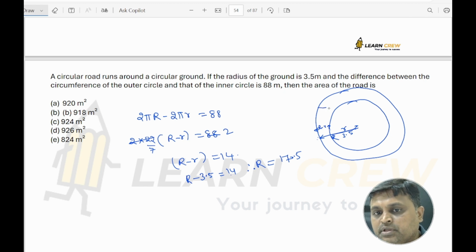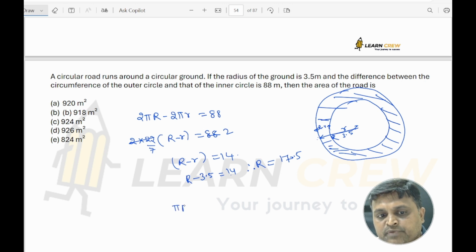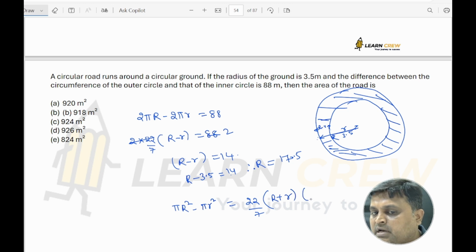Area of the road. This is the road. This road area is required. So total outer circle area minus inner circle area will give you road area. So pi capital R square minus pi small r square. If I take pi common, capital R square minus small r square, capital R plus small r into capital R minus small r.